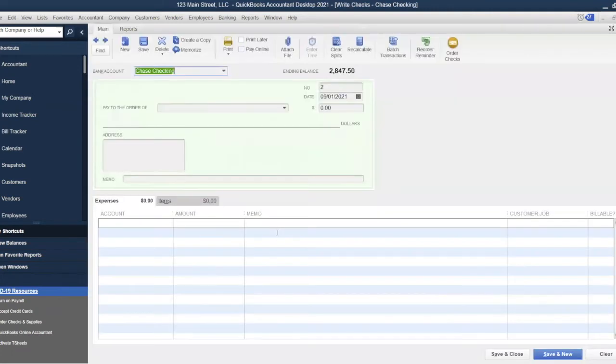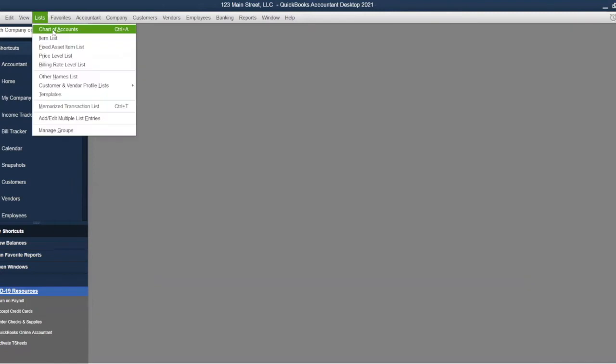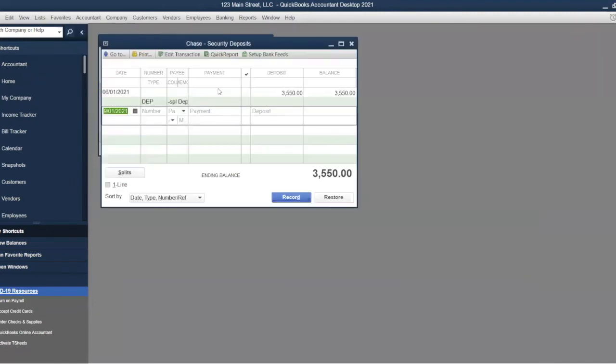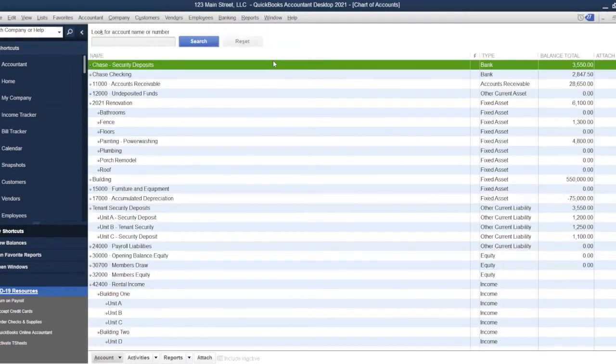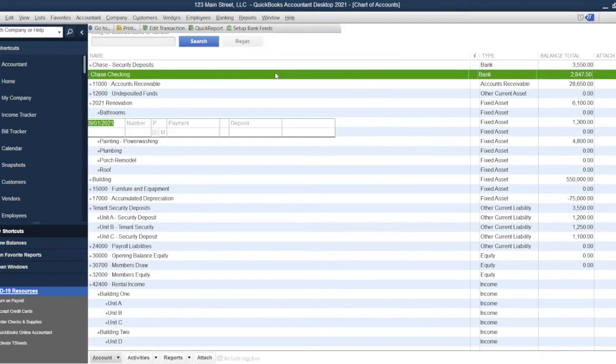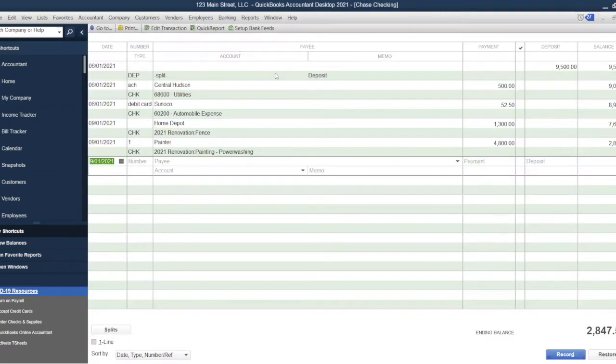Okay, now let's see what we did so far. So we did Home Depot for the fence. We did the painter.